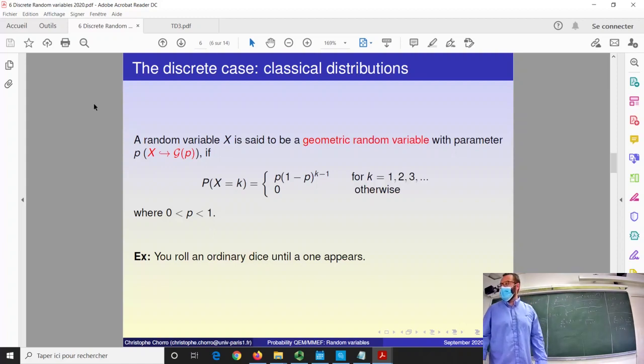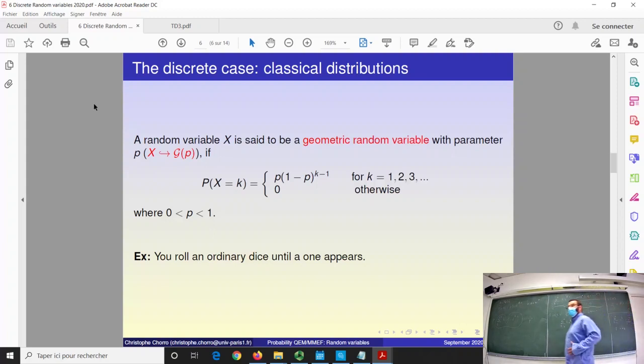So the expectation of a geometric is just 1 over p. The expectation of a uniform is just the mean, of a Bernoulli it is p, of a binomial it is np, of a Poisson it is lambda, and of a geometric it is 1 over p.